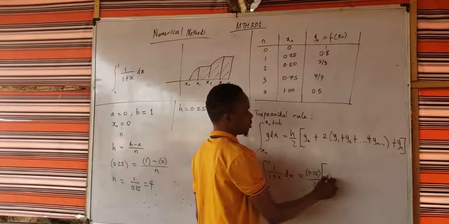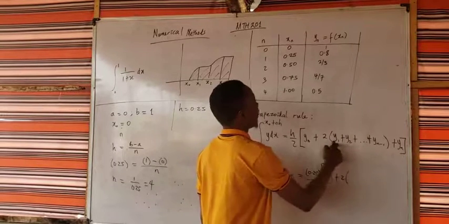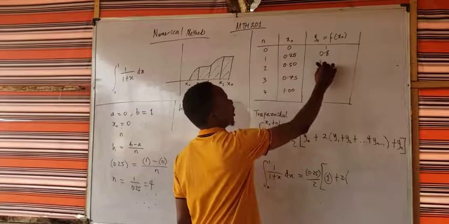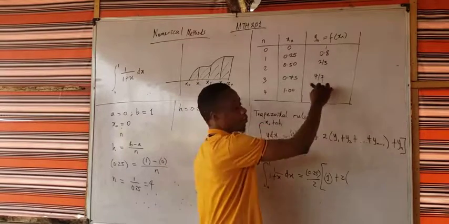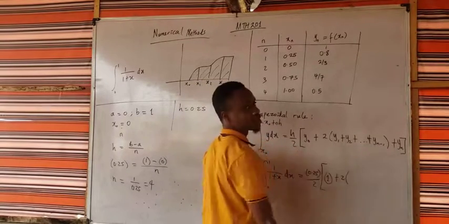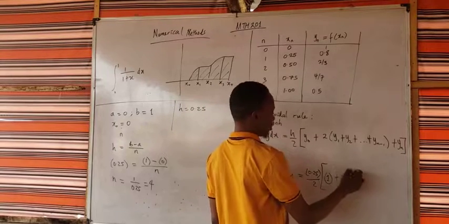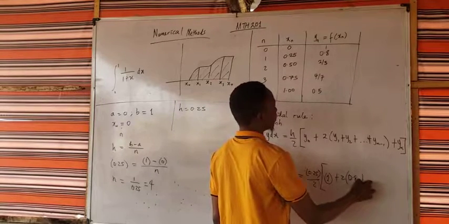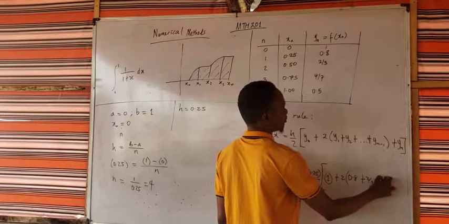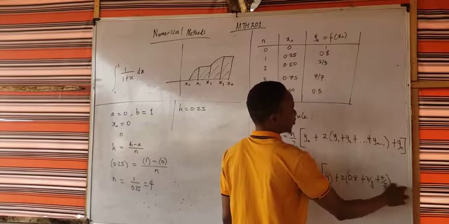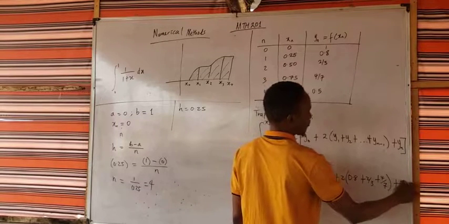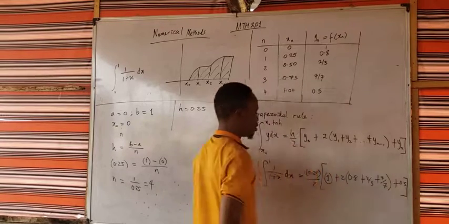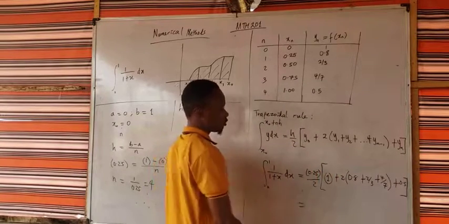Then plus 2 into y1, y2, y3 all together, while y4 will be outside because that's the last. Is it making sense? Yeah. So that's going to be 0.8 plus 2 over 3 plus 4 over 7, then plus 0.5. This will be out here. So you can punch this in your calculator. What does it give you?